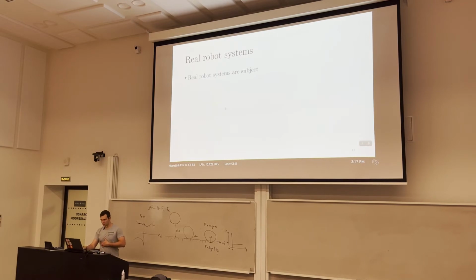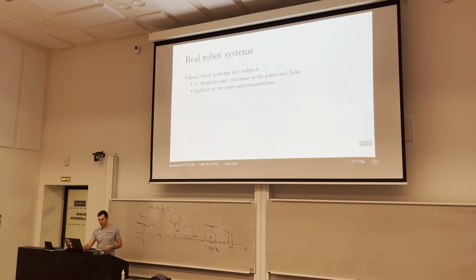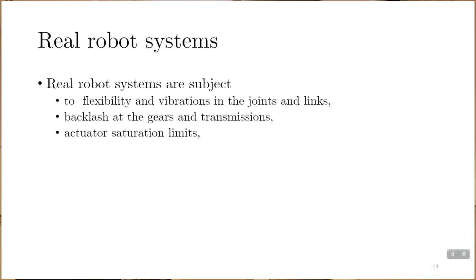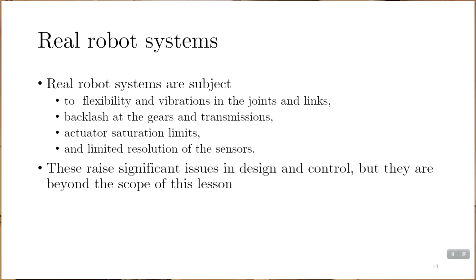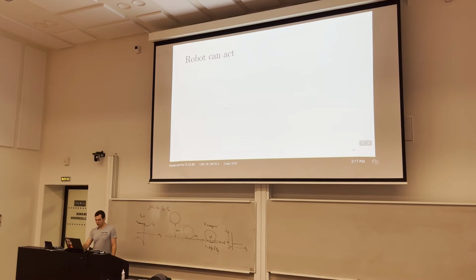So real robots are subject to flexibility, noises, vibration, friction, backlashes, saturation, limited resolution of the sensors, and all other problems that we can have in real life. And all of this is beyond our course. We're not going to tackle them. I mean, you can do it on your own, in your own projects, if you want to.